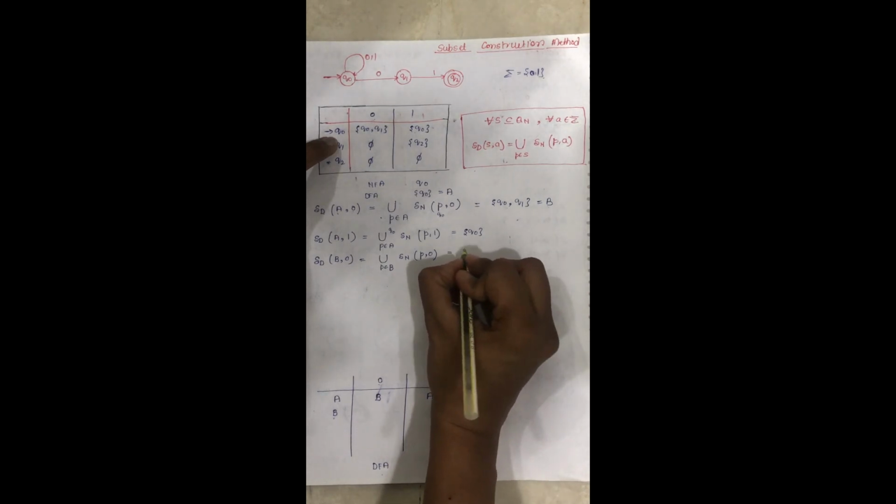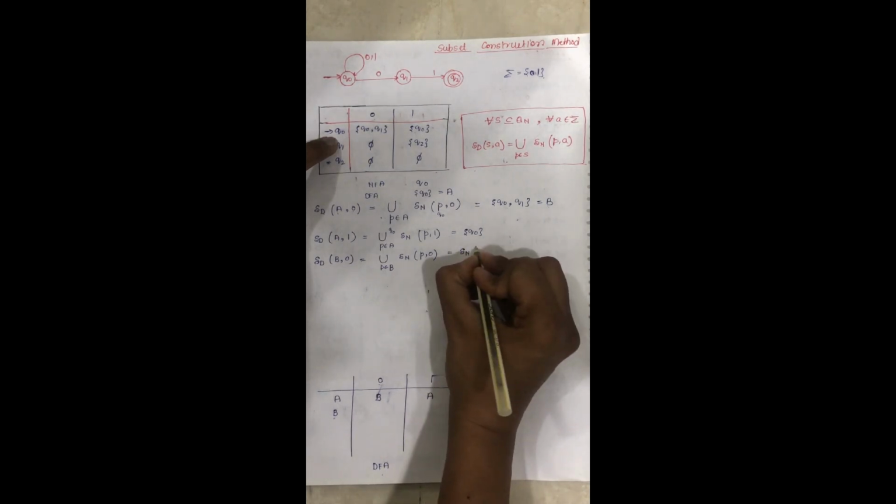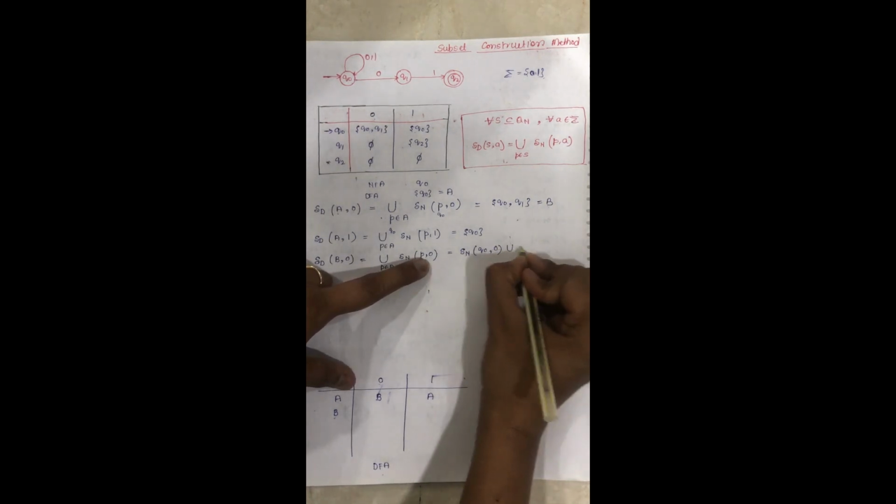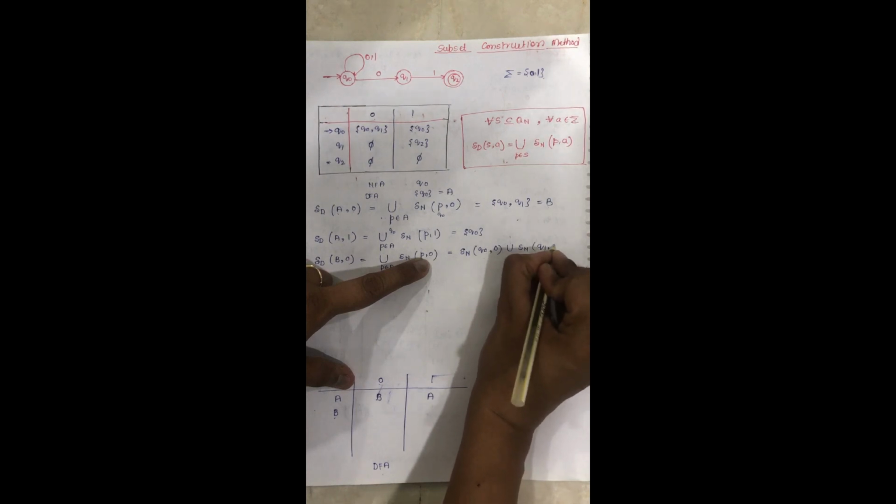We can write it like this: delta N of Q naught comma 0 union delta N of Q1 comma 0.